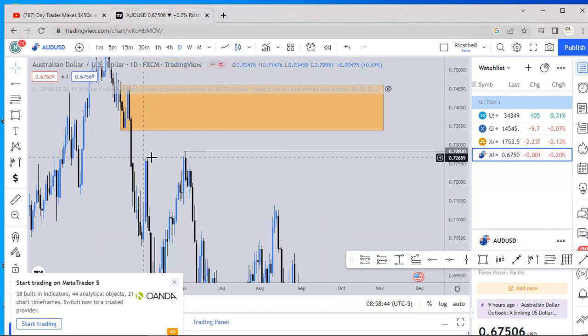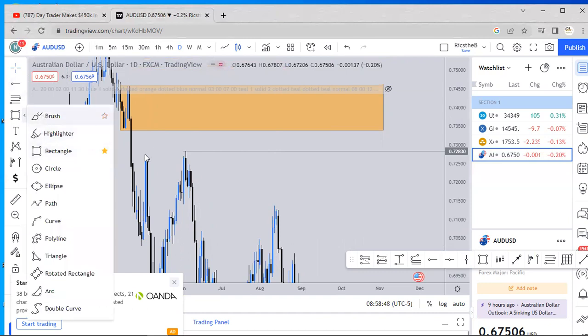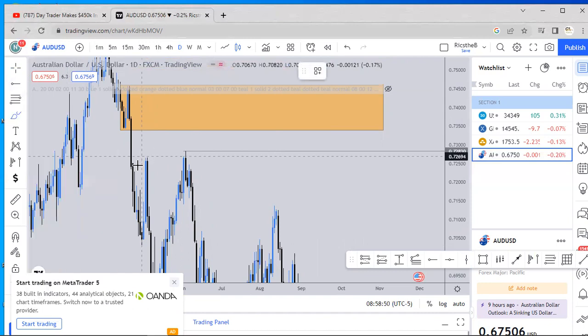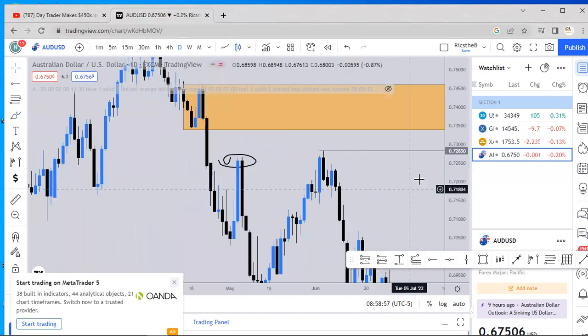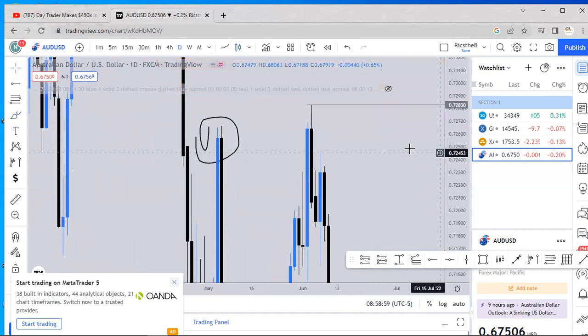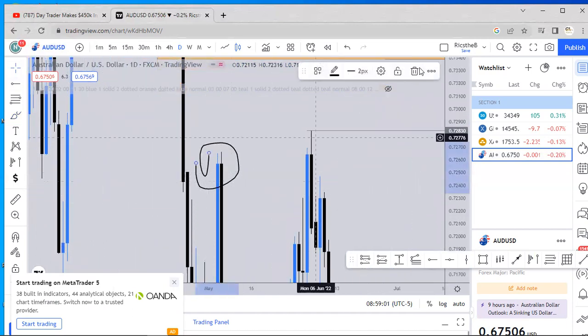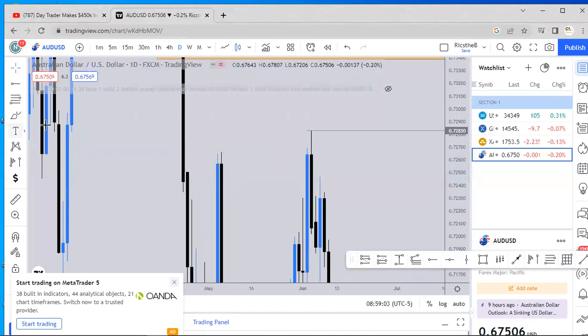You can see price had formed these weak highs. This right here is a weak high. This right here is a weak high. Why do I call this a weak high? Let me zoom it in for you. If you look at this, we had this auction where the buyers and sellers were in harmony. This simply means we never got to a point where we had the highest bidder.